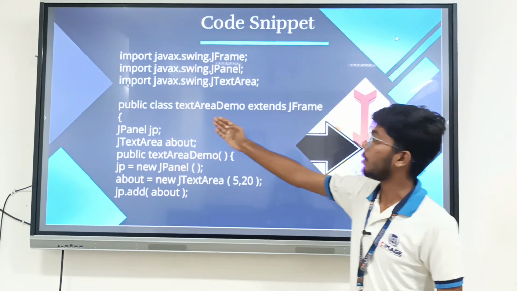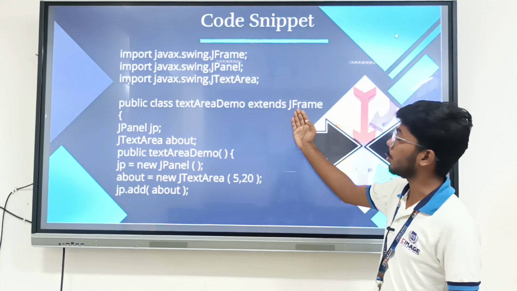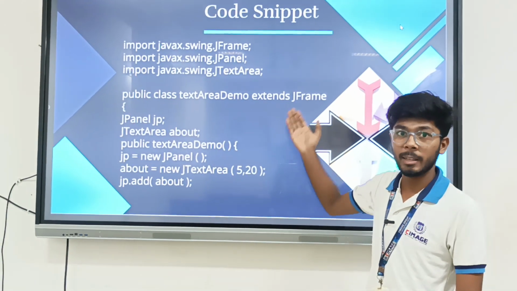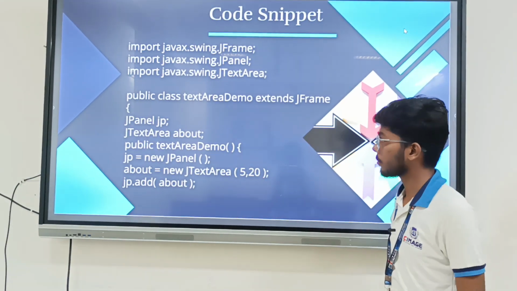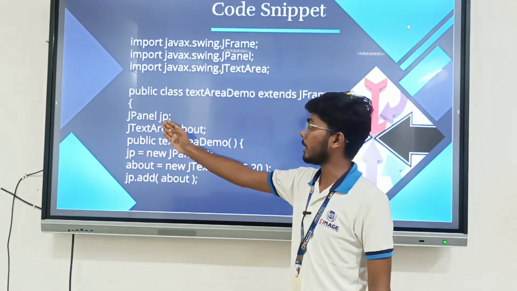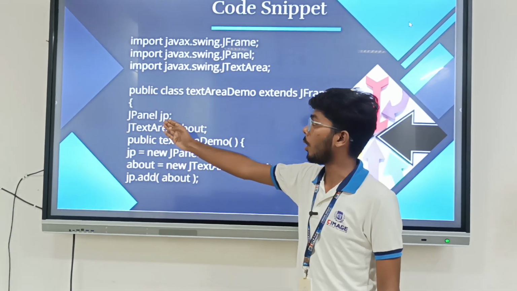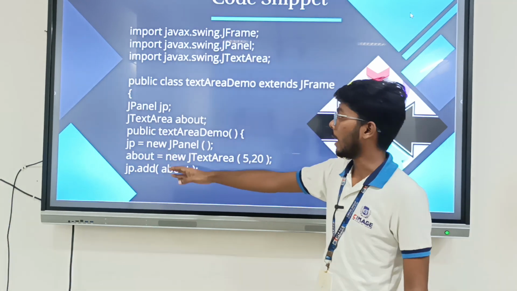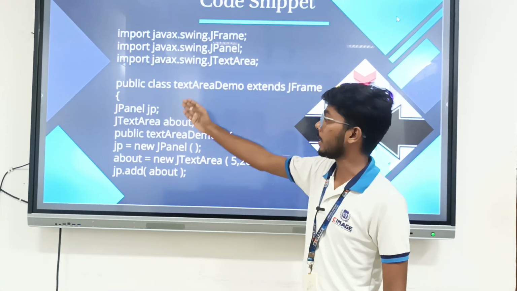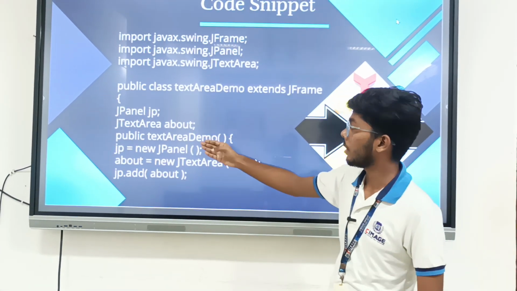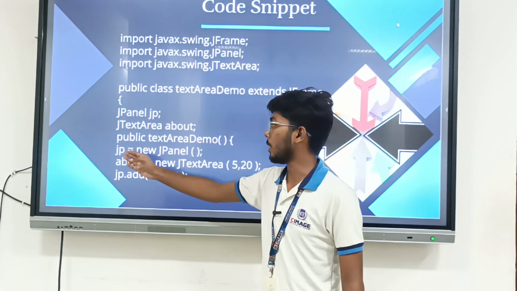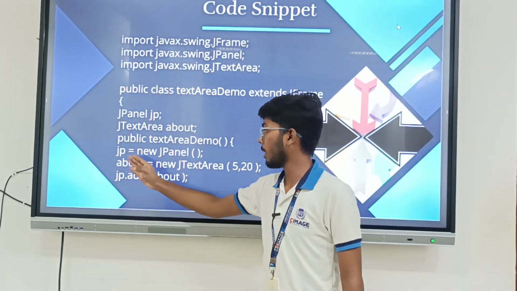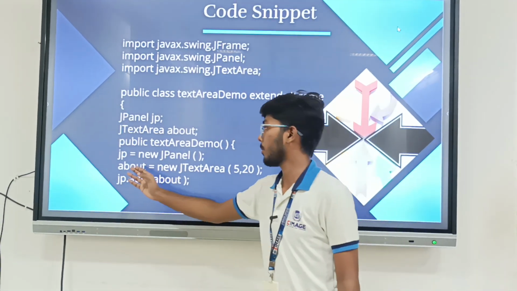It means that our text area demo class will use all the methods of JFrame. In that I have created an instance of JPanel and an instance of text area, and I have created the constructor of our class, and here I have created an object of JPanel and an object of text area.